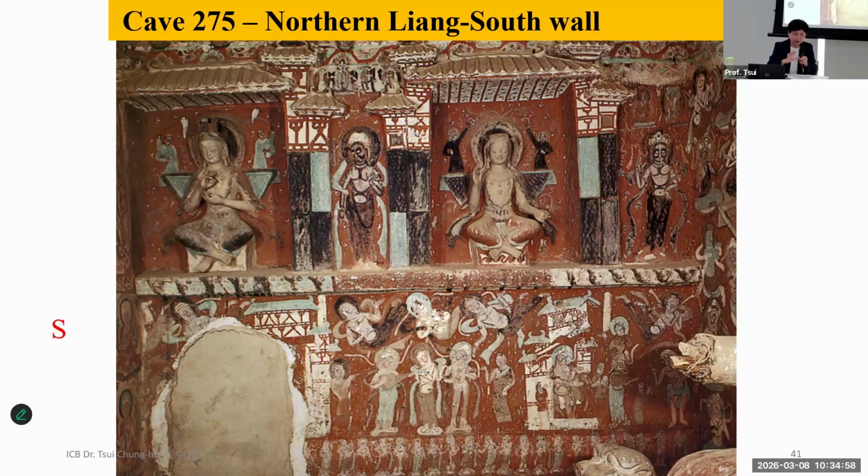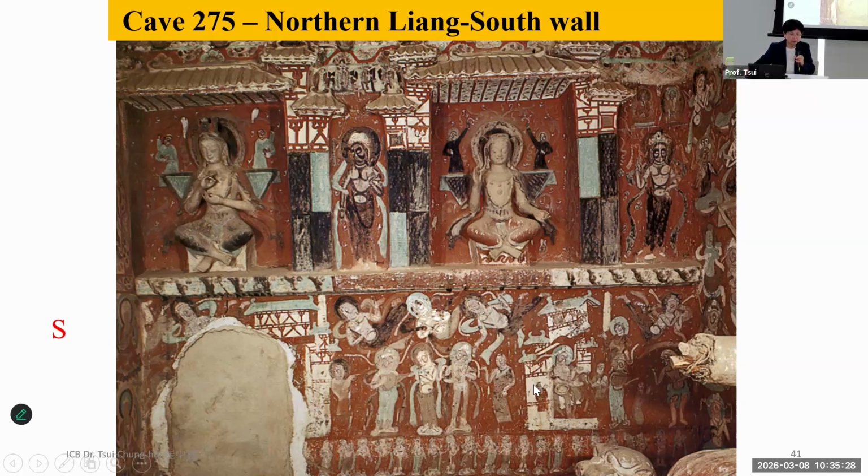In the art of Dunhuang from the Northern Liang, you can see the artists used dark brown color to design the background. After painting the background with dark brown, they started to depict the figures of the Bodhisattva. And in the middle, we have the story of Siddhartha Gautama.